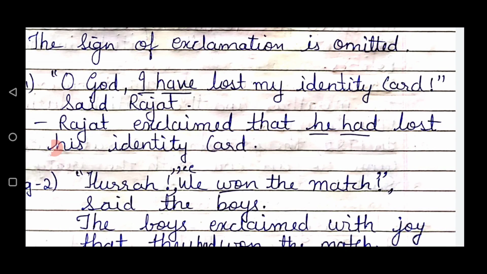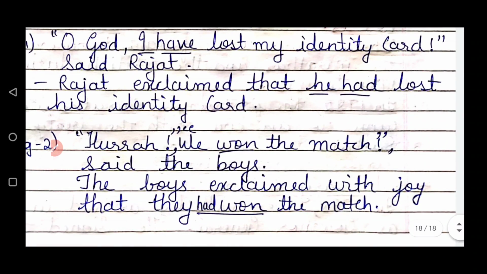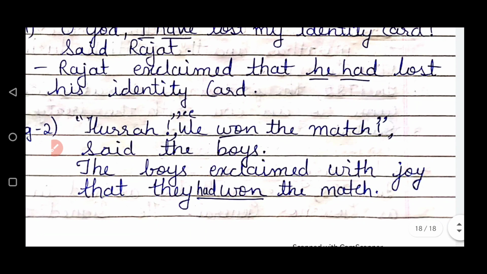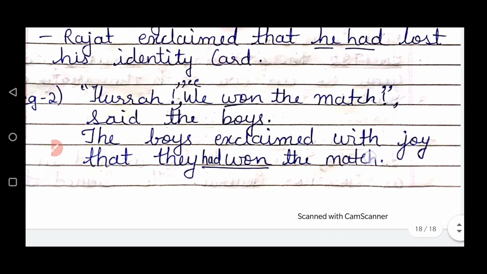Hurrah, we won the match, said the boys. The boys exclaimed with joy. यहाँ पे खुशी की बात है, तो the boys exclaimed with joy that they had won the match. We won the match, ये past tense है, past perfect में हो जाएगा had won the match.